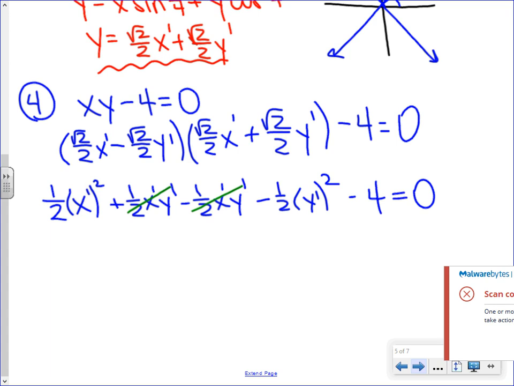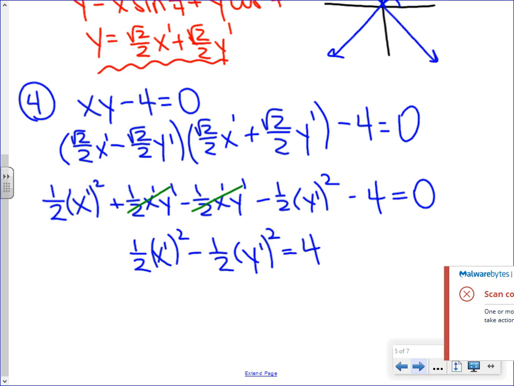Okay? So what we have is 1/2 x prime squared minus 1/2 y prime squared. I'm going to move that 4 over, equals 4. But hold on. If we have a hyperbola, what should it equal? 1.